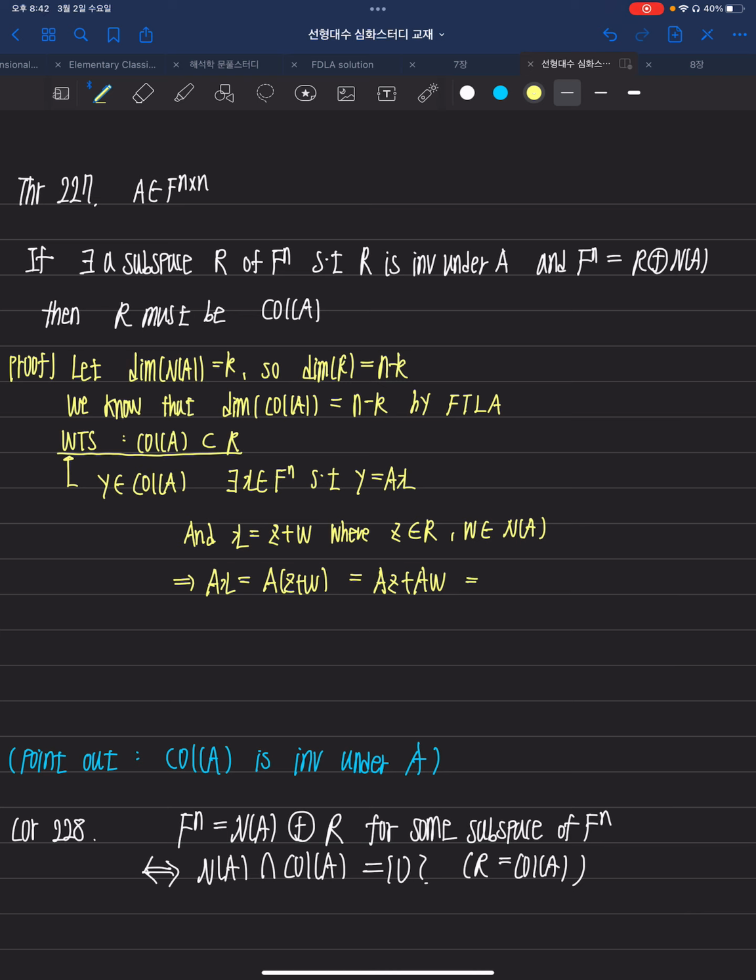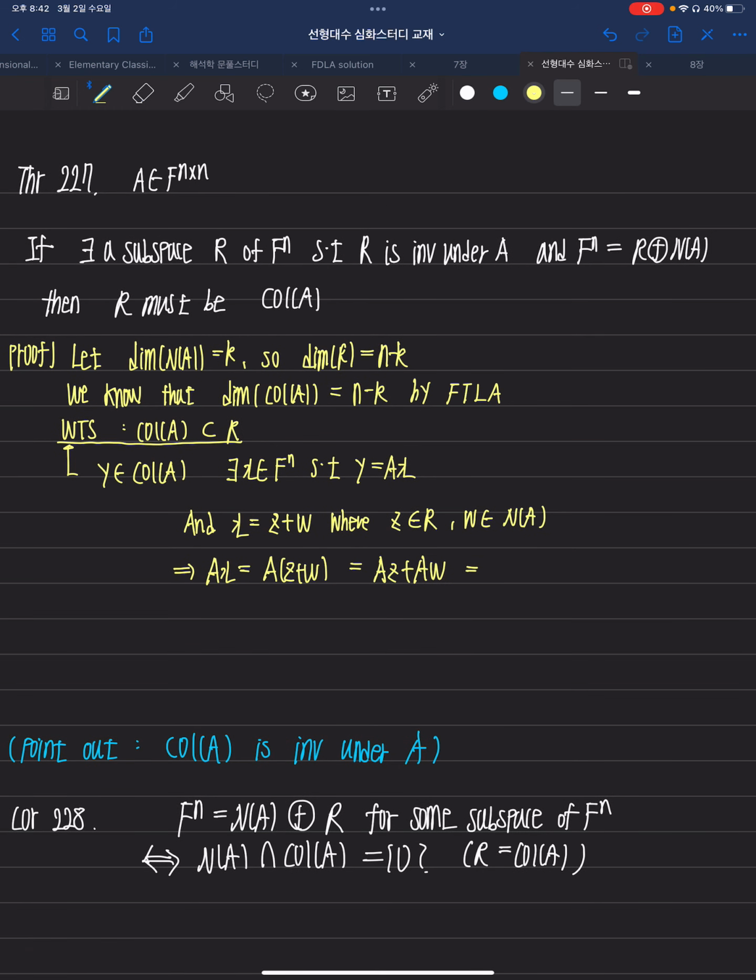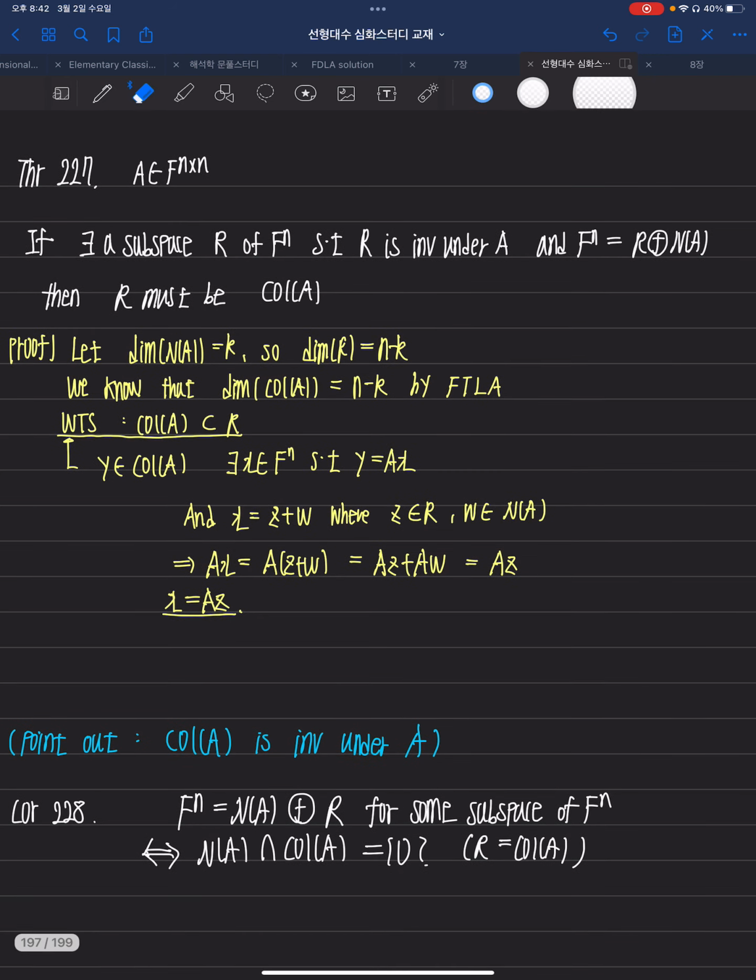But because W is an element of N(A), AW must be zero, since that is the definition of the null space of A. So this is AZ. Oh no, sorry, AX is AZ.